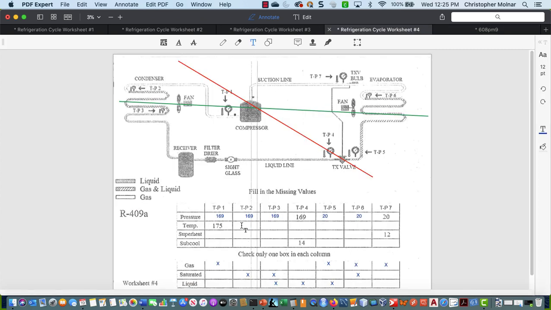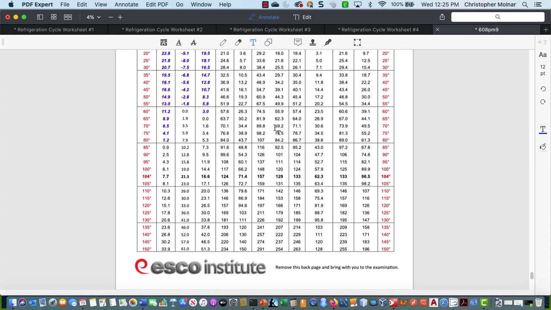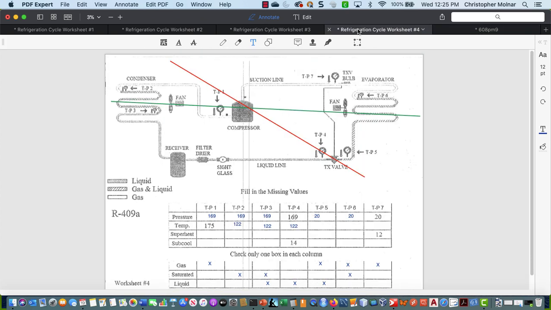So let's come in here. Now, while I'm there, I'm going to go ahead and find my 20. That's going to be on the bubble point side, because again, we have a temperature. So it's giving me a 20 PSI.